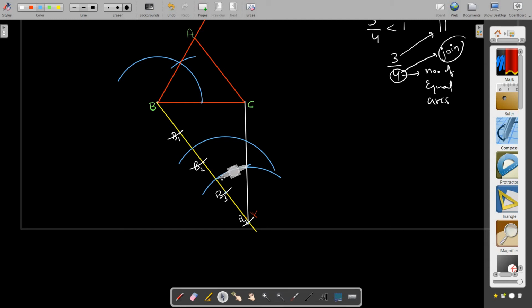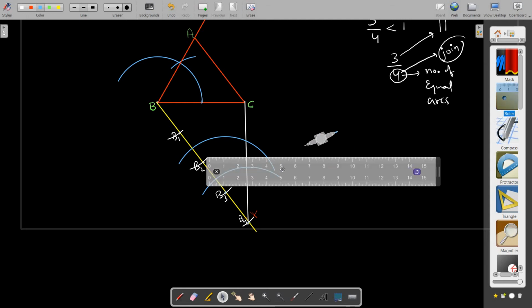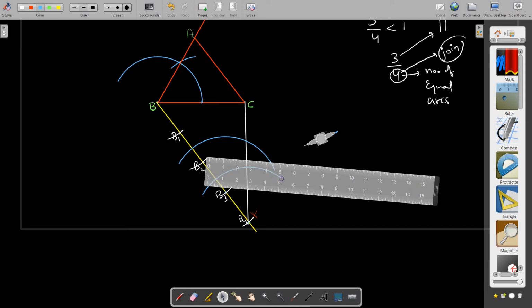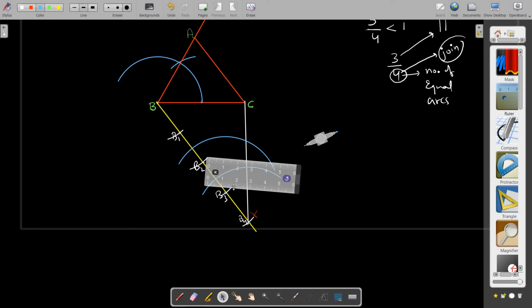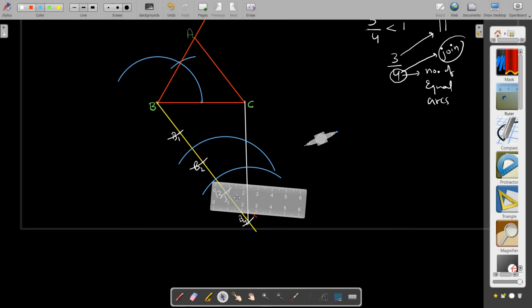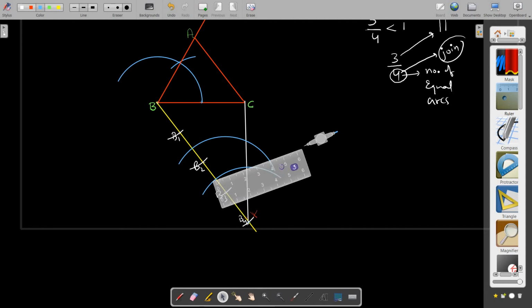And since the compass is not going very close, we will take a scale and measure the gap. So I place the scale between this point and this point so that I know what the radius is. And now the radius here, it should be done very perfectly.